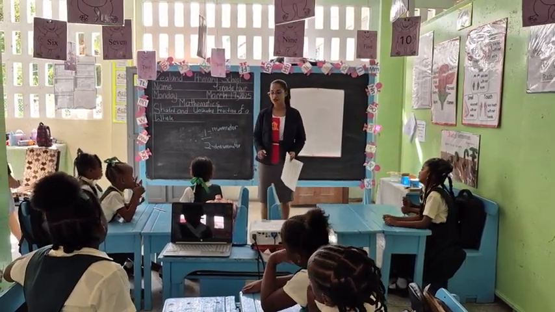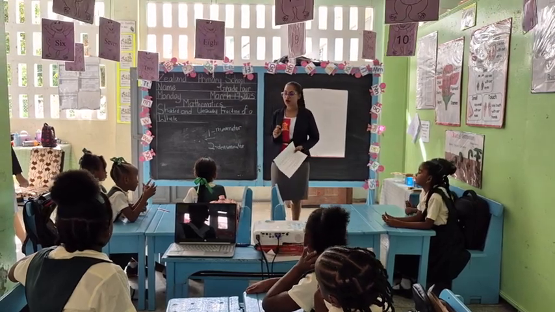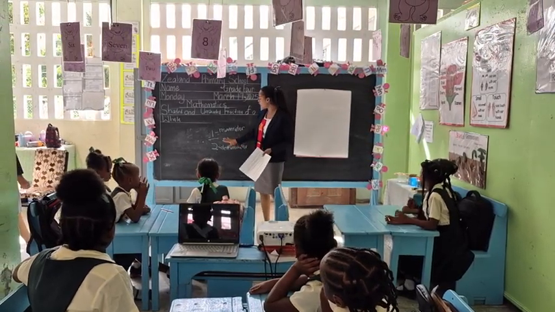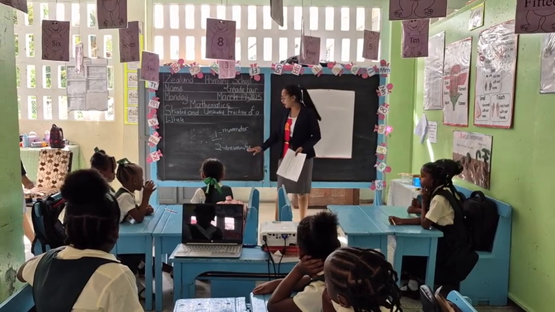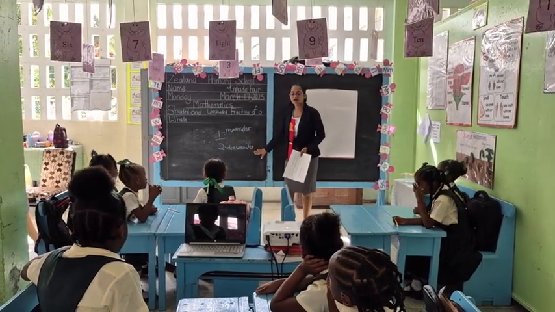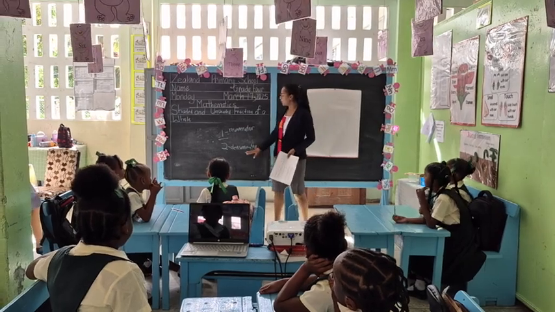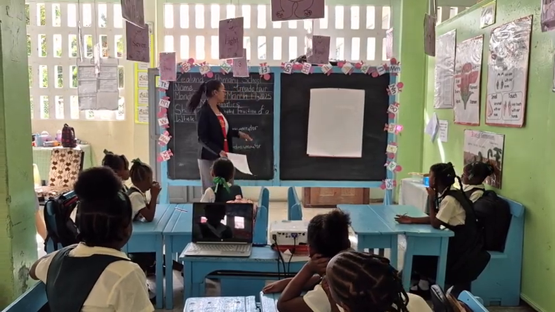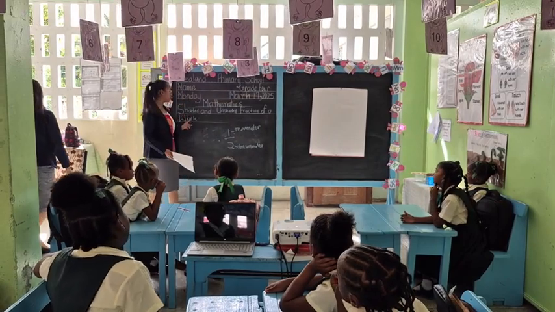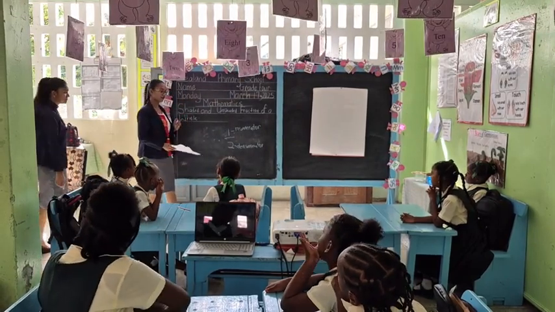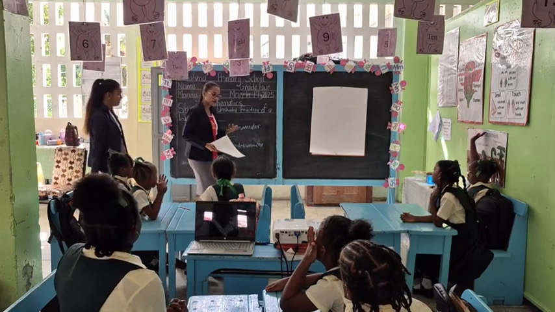So everybody understands that a fraction is made up of a numerator and a denominator. Has anybody understood what we say when we talk about a whole? What do you understand when we say a whole?